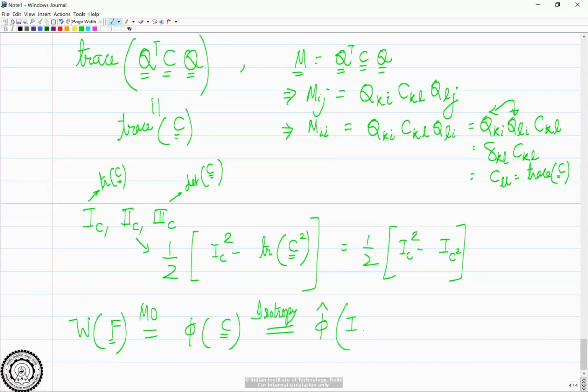And it turns out there are only three independent invariants, I_1(C), I_2(C), and I_3(C). So the energy finally only depends on these. This is the final form of energy for a non-linear isotropic material. Okay, so with this, I will end the class for today.